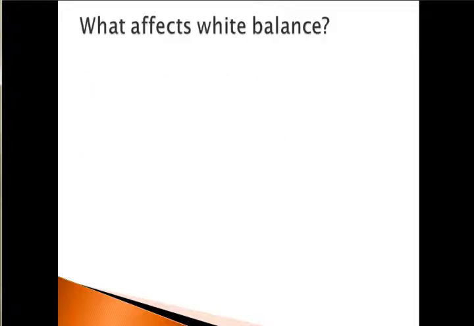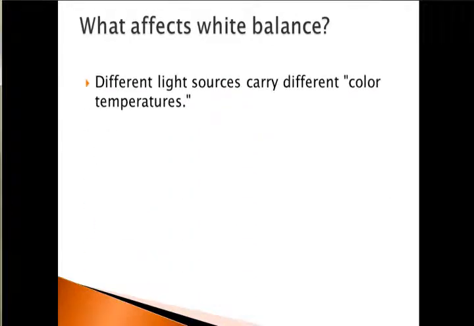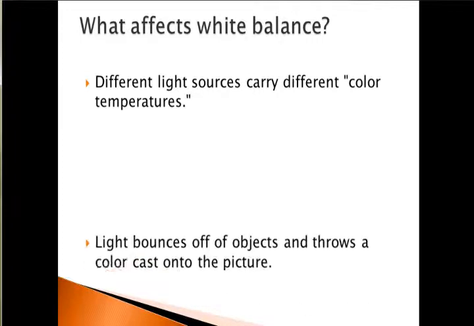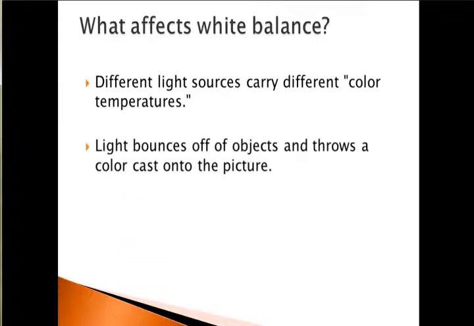What affects white balance? Different light sources carry different color temperatures, and we're going to talk all about that in detail in this video. Also, light bounces off objects and throws a color cast onto the pictures.